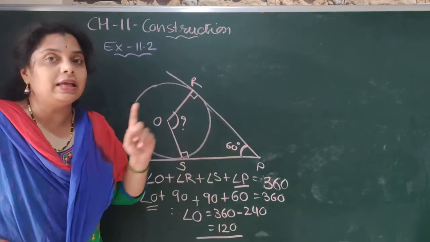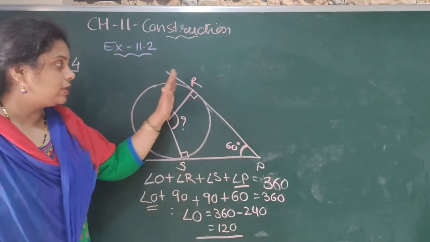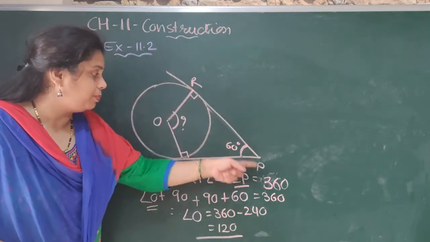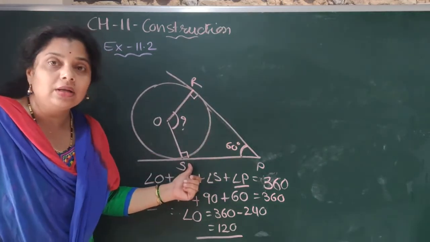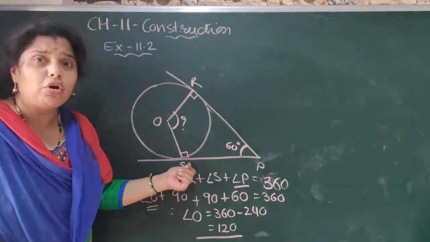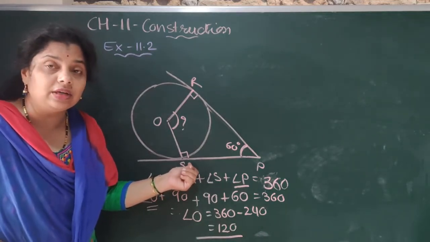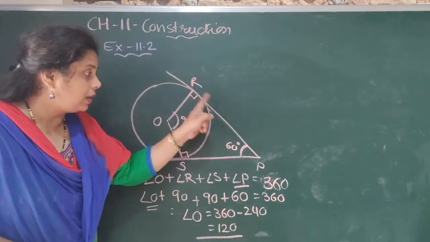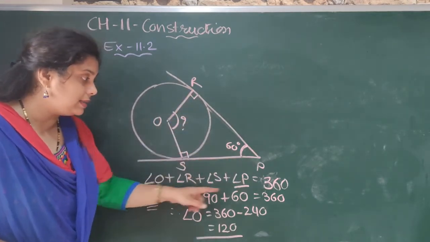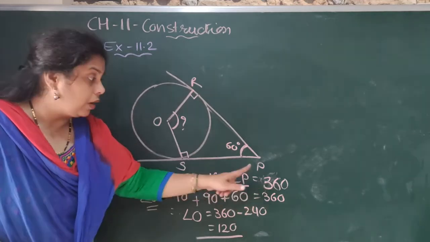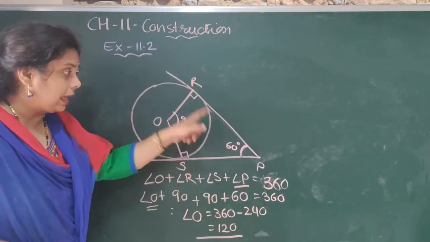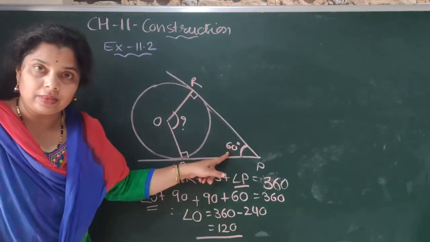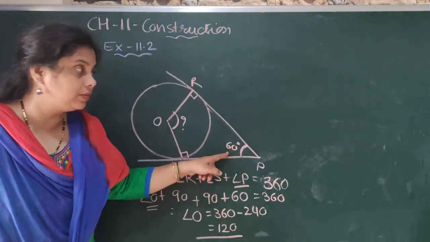Is it clear? I repeat again. As you see, ORPS is a quadrilateral. The sum of angles in a quadrilateral is 360, and therefore angle O plus angle R plus angle P plus angle S is equal to 360. Out of these 4 angles, we have the value of P, which is 60, which they ask us to construct.